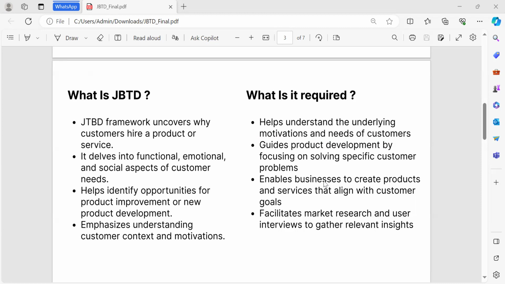Why is it required? It helps us understand the underlying motivation and needs of the customer. As I am again and again emphasizing, we are going to solve for the correct pain point. It enables businesses to create products and services that align with customer goals and needs. So this framework is very customer centric, user guided.